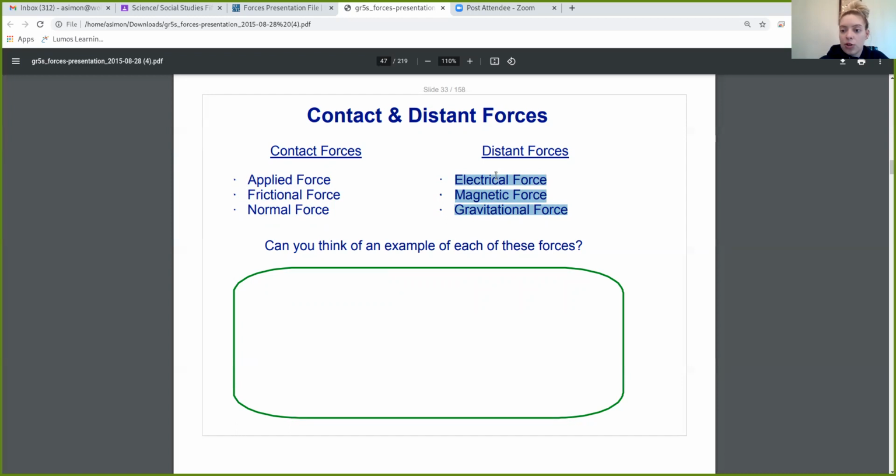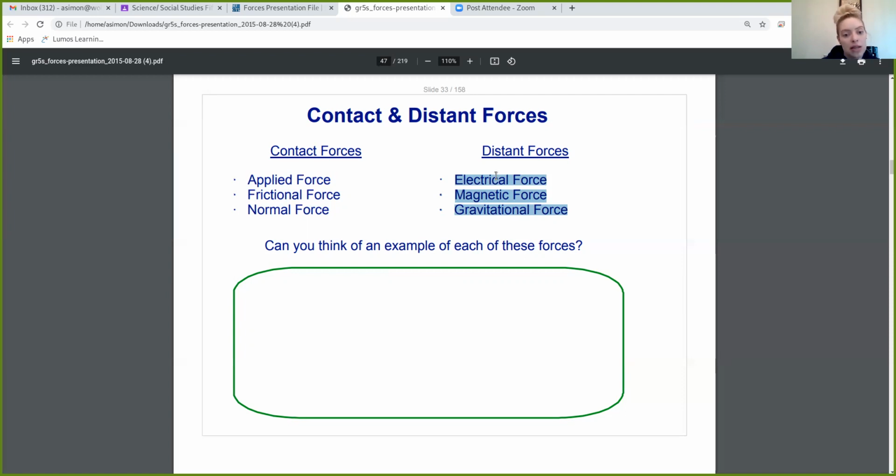I'm sure when you think of each of these forces, you can think of some examples that we see all around us on a daily basis. So when we're looking at applied force, if you apply something, that means you're touching it. Applying forces, moving boxes, pushing on cars, pushing on anything, pulling a rope.